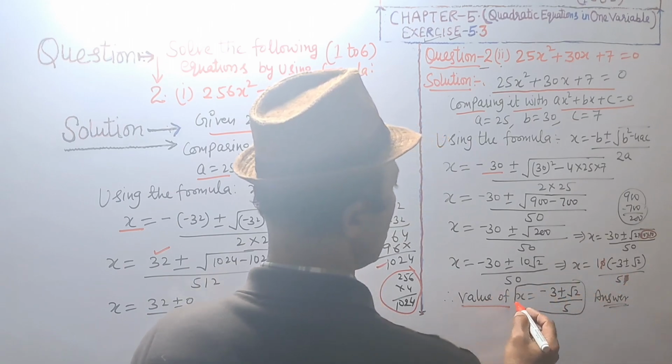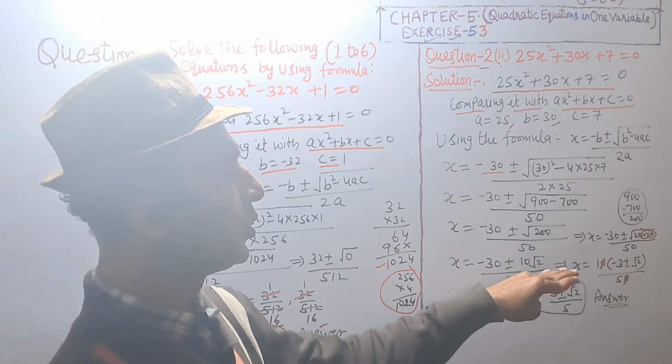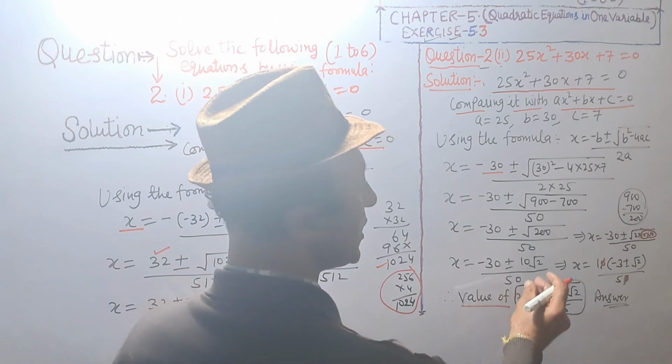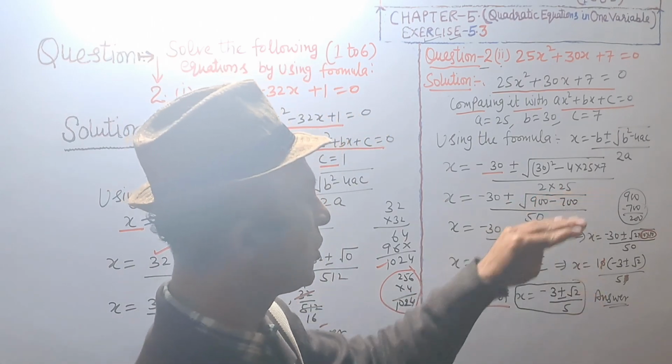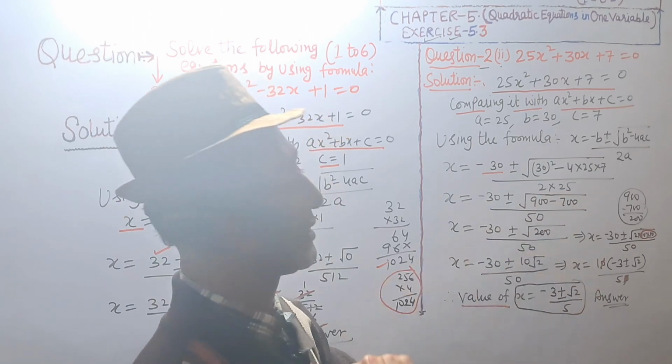So we get the value of x is equal to minus 3 plus minus root 2 upon 5, and we can write it as x is equal to minus 3 plus root 2 upon 5 and the other root minus 3 minus root 2 upon 5. Answer. Thank you.